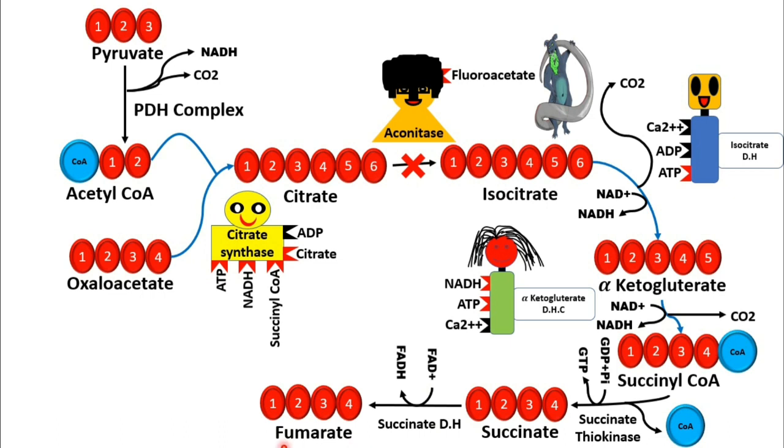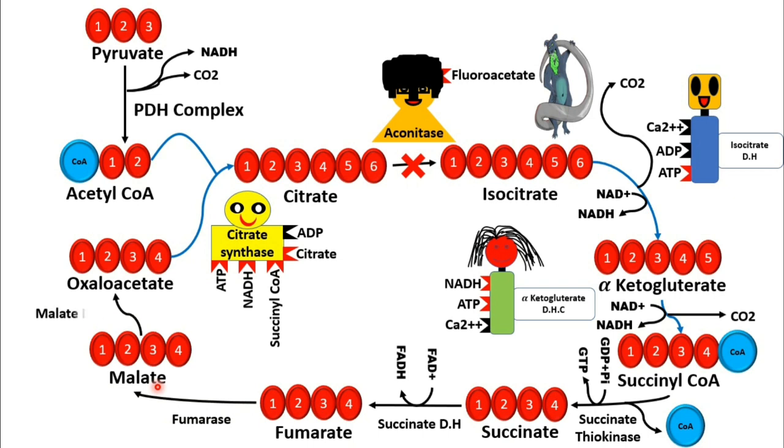Then fumarate will be converted to malate by the enzyme that is called fumarase. Then malate will be converted to oxaloacetate by the enzyme that is called malate dehydrogenase. Of course, here we're gonna reduce NAD to NADH.